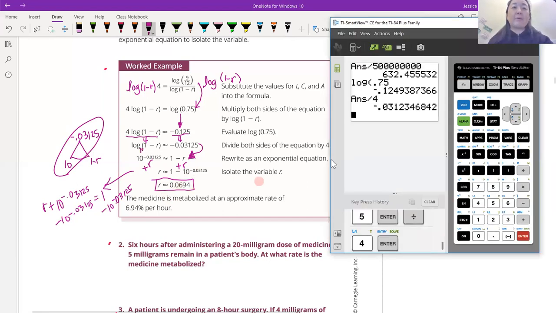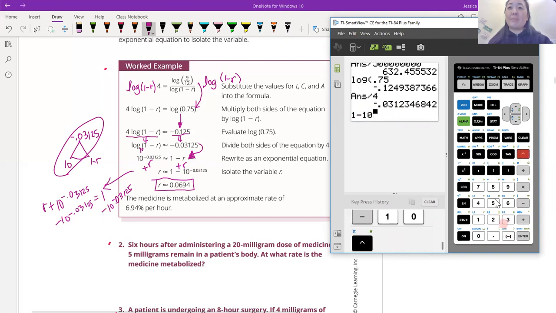So the way we would do this, I go 1 minus 10. Now remember, how do we get this previous answer? We just go exponent. And do you see that blue on almost every calculator I've seen, I've always seen an ANS, right? That's going to be the answer of the previous answer.